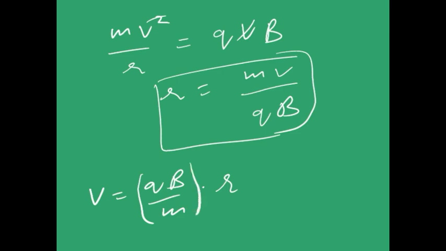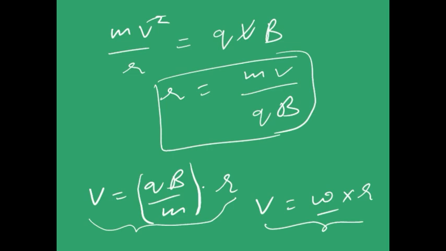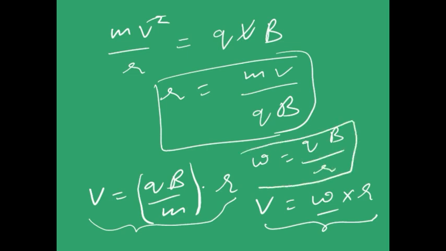You know that when a body observes circular motion, the velocity is given by omega into r, where omega is the angular velocity. Both these equations are similar, right? So what can we say from this? Omega is nothing but qB by m, where omega is the angular velocity. This is another formula which you can remember.